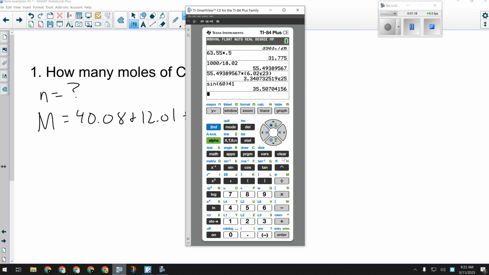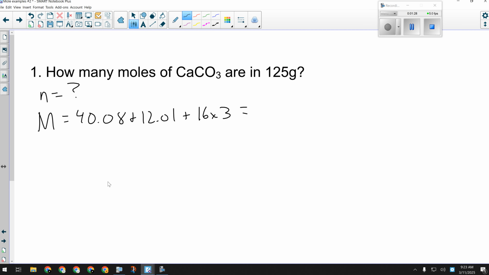So 40.08 plus 12.01 plus 16 times 3. It gives us 100.09 grams per mole. And the other thing they tell us is we have 125 grams of that, so that's little m, that's mass.